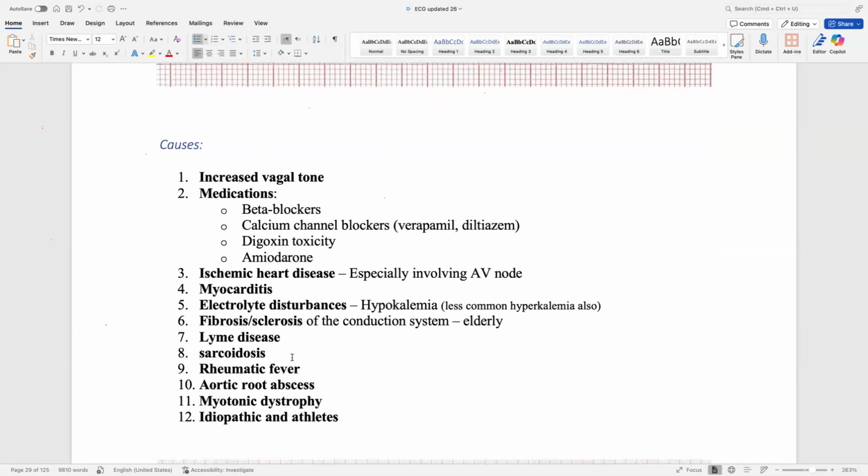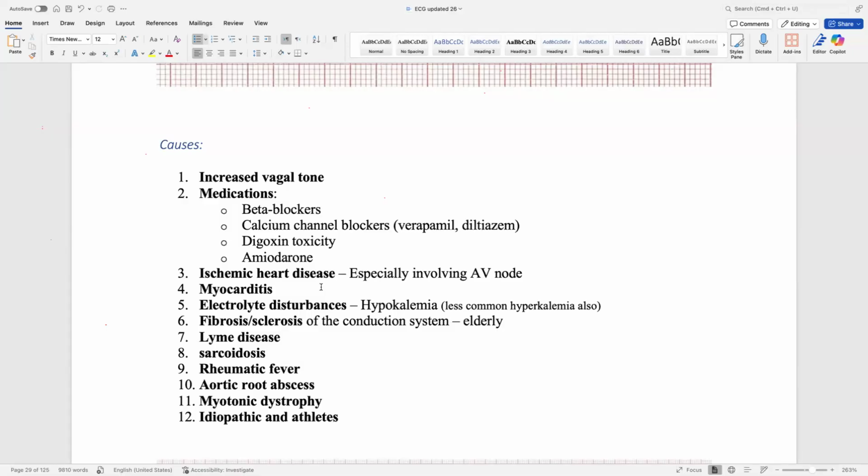Other pathological disorders that destroy or delay conduction in the AV node are ischemia, of course. Okay? If there is myocardial infarction in the artery at the area where there is the AV node, it can lead to heart block.